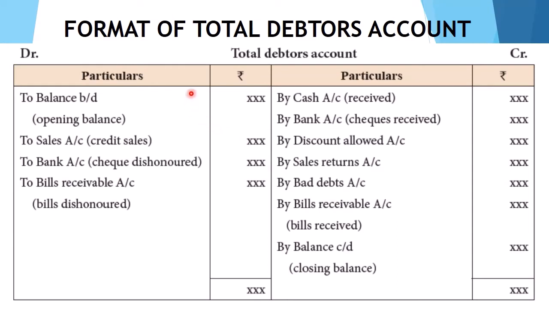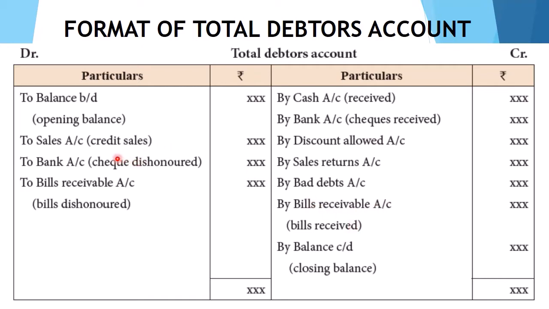Format of total debtors account. So this is the format. Let's see it in detail. Total debtors account. A debtors account will always have an opening balance on the debit side. Then to sales, that is credit sales. Then when cash is received, by cash account, by bank account when it is through bank, by discount allowed account, by sales return, by bad debts, by bills receivable account when bills are received.